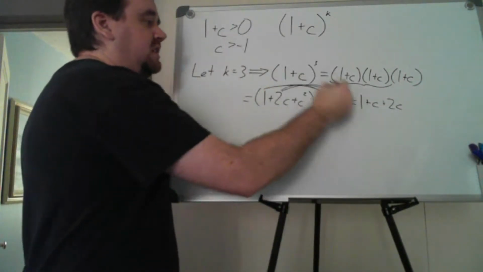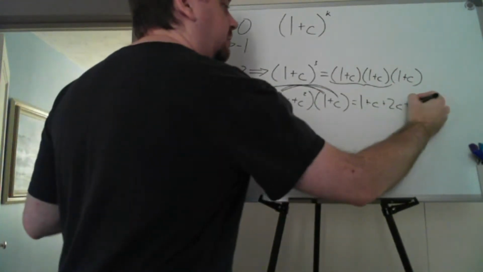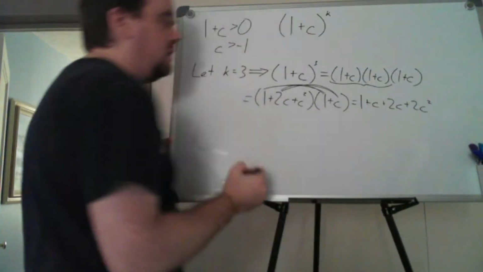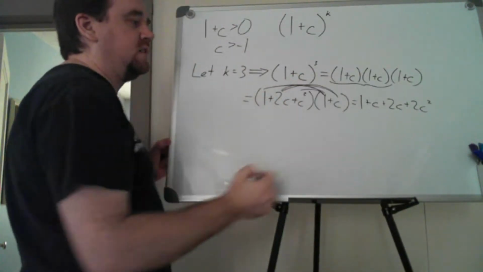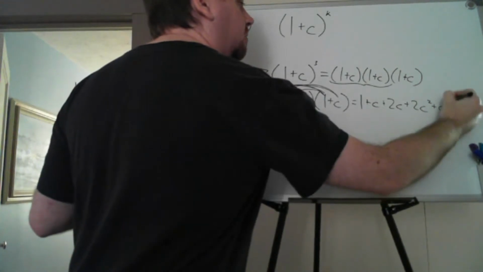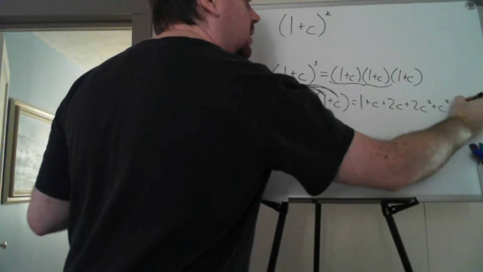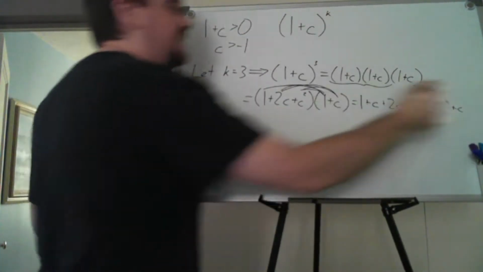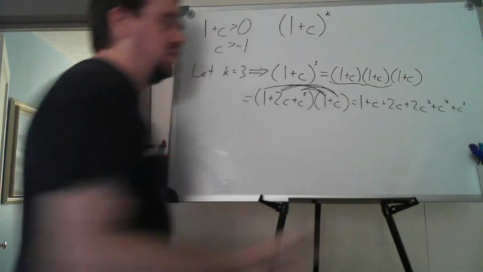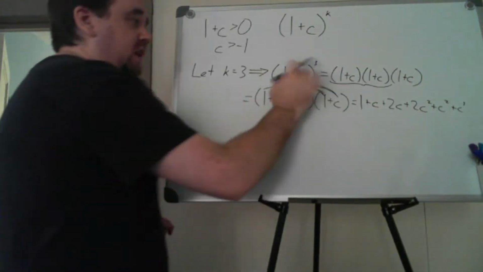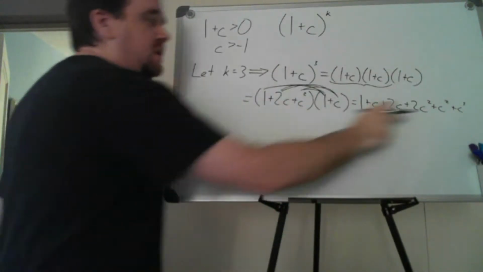And then 2c times c, plus 2c squared, and then c squared times 1, plus c squared, and then c squared times c. I'm sorry, c squared times c is c cubed. So this is these three things, or this thing cubed, expanded out.